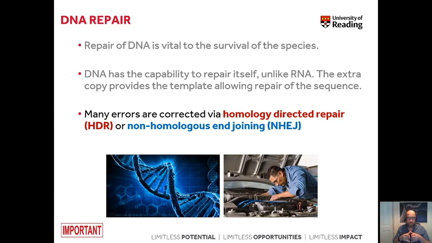Many errors in DNA can be recognized by the cell, and they can be corrected by two distinct mechanisms referred to as homology-directed repair, shortly HDR, and non-homologous end joining, short NHEJ.